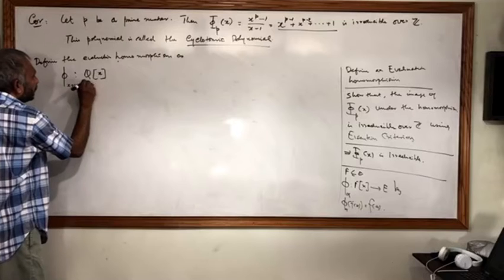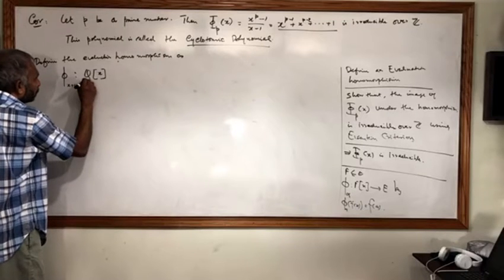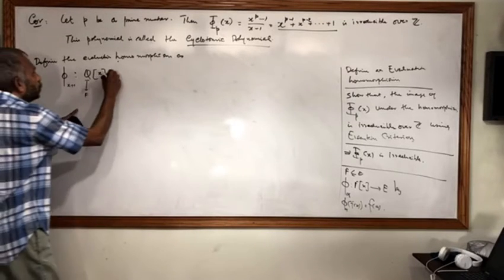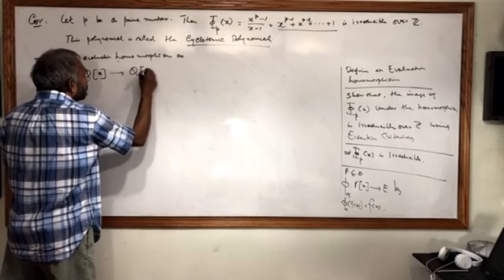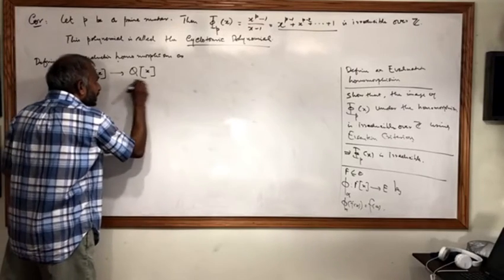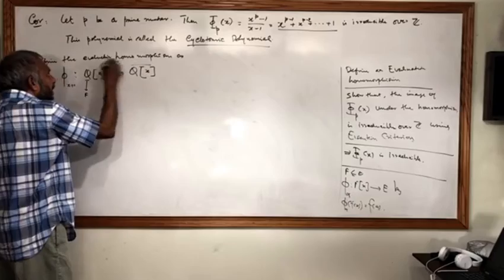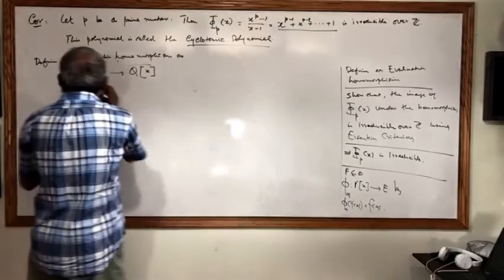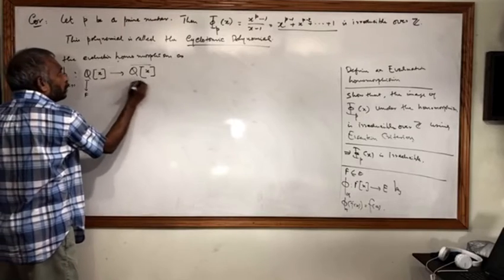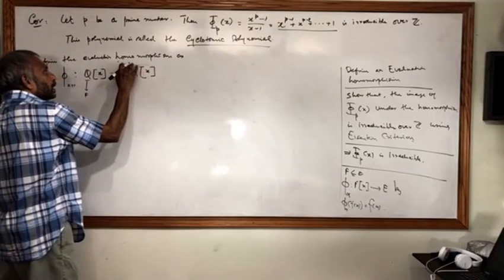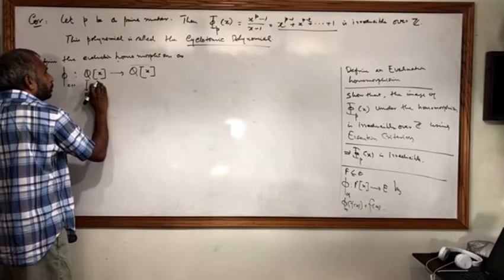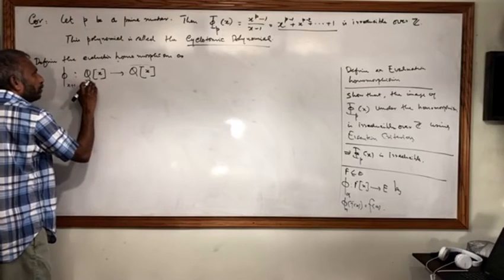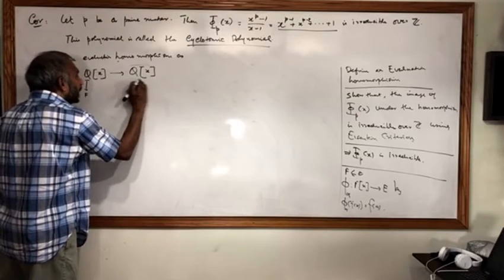So here this is our F to Q[x]. This is the extension of Q, or Q is a subfield of Q[x]. So though it is a map from Q[x] to Q[x], this is actually the extension of Q.